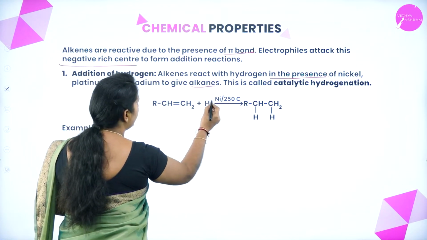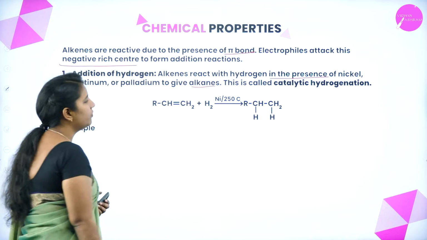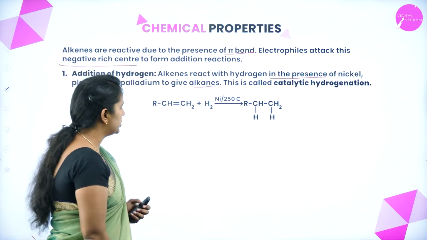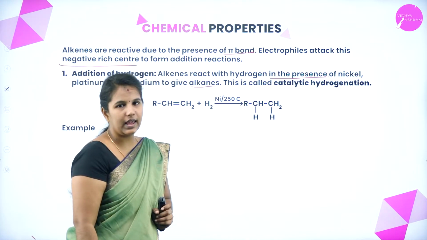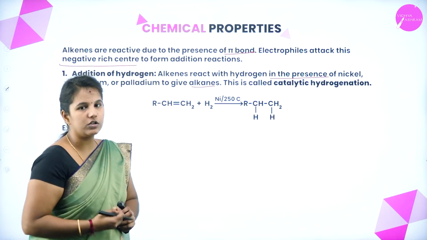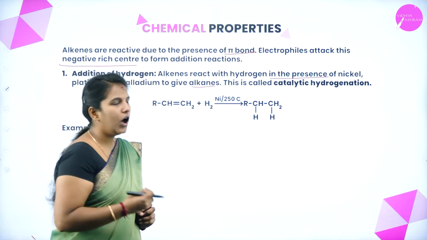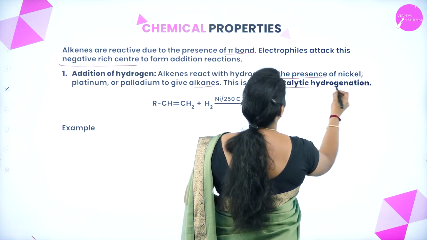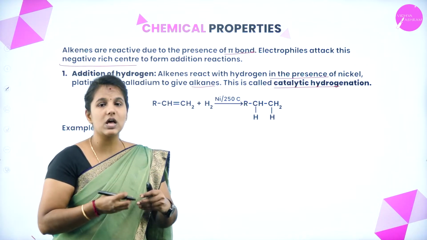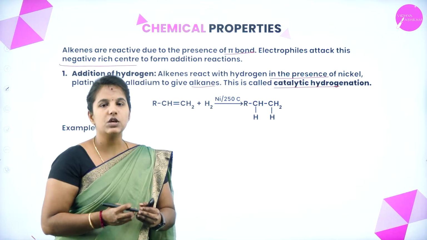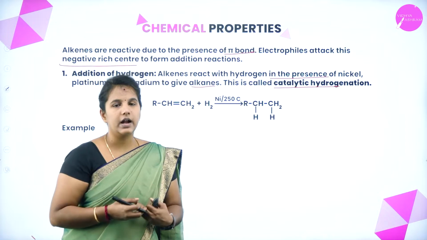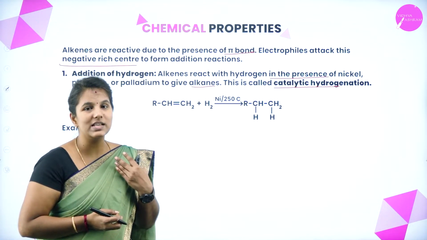To this, if you add hydrogen gas in presence of nickel as a catalyst at a temperature around 250 degrees Celsius, it gives rise to the alkane. This kind of reaction is also known as addition of hydrogen, or catalytic hydrogenation. What is hydrogenation? The process of addition of hydrogen. If you add hydrogen, it will undergo hydrogenation and form a product called alkane.